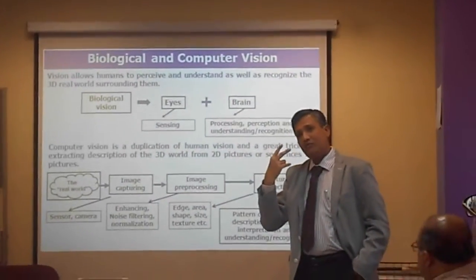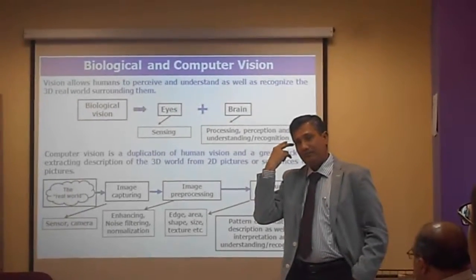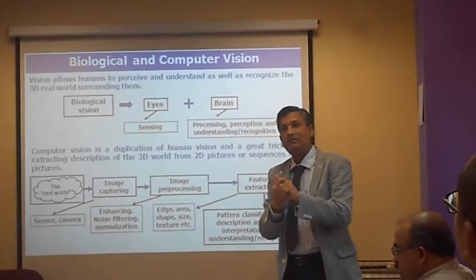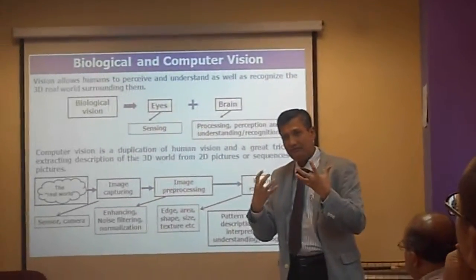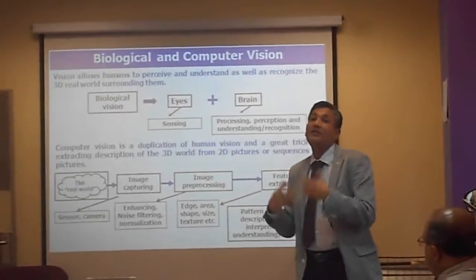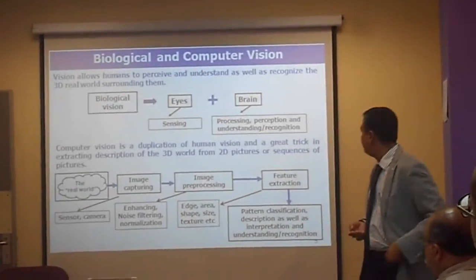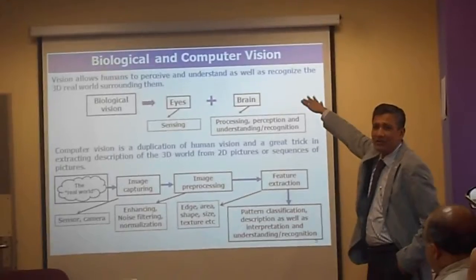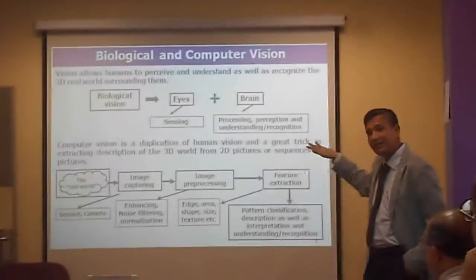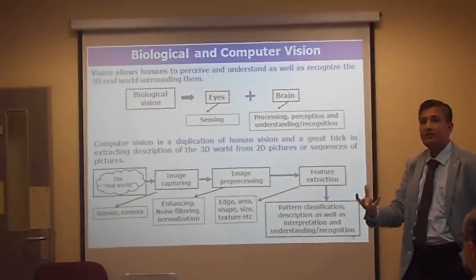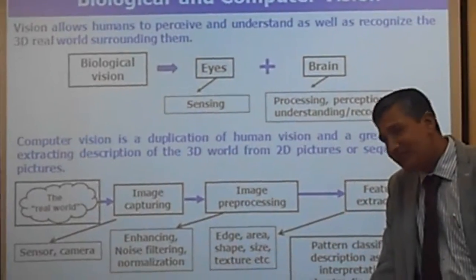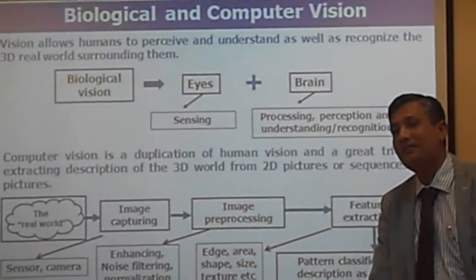Mostly there are two perceptions: the first is good visualization or developing good sense, and the other is automation or recognition. And this is replicated by a machine-based system, which we call a computer-based system. The machine-based vision system is known as computer vision.